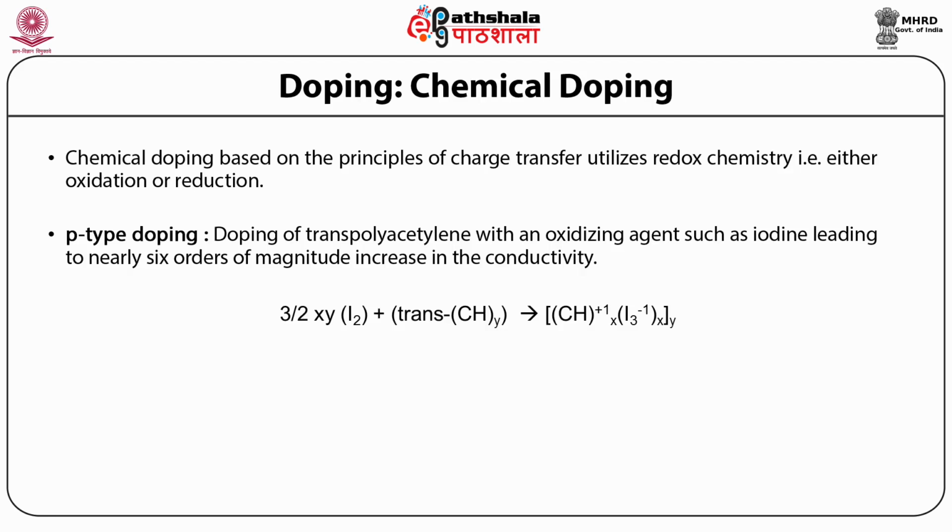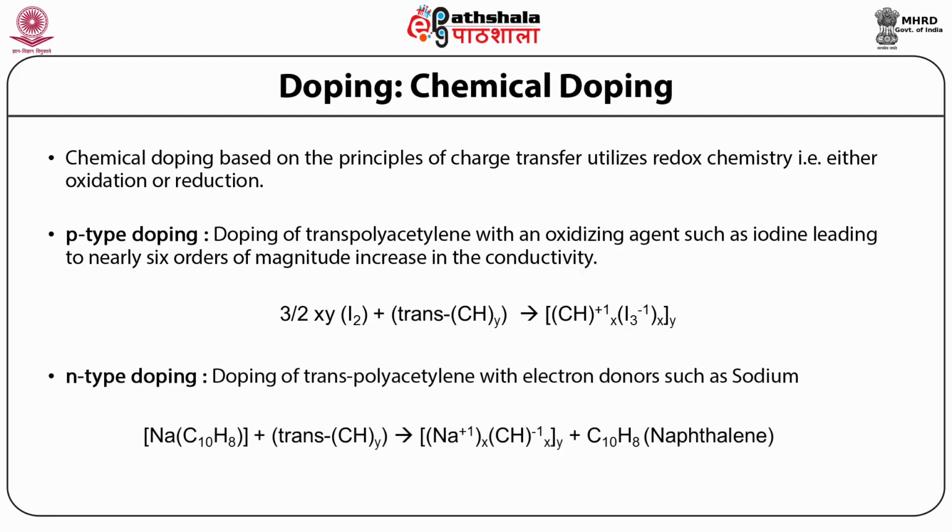Now next is n-type doping. Doping of trans polyacetylene with electron donors such as sodium is governed by the following reaction. It has also been found that n-type and p-type doping compensate each other.